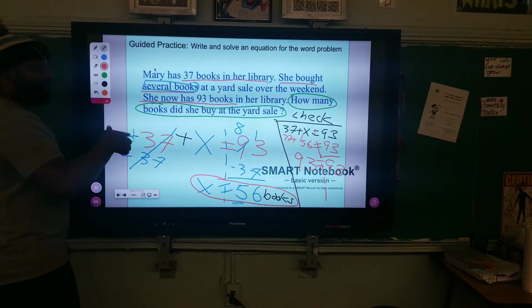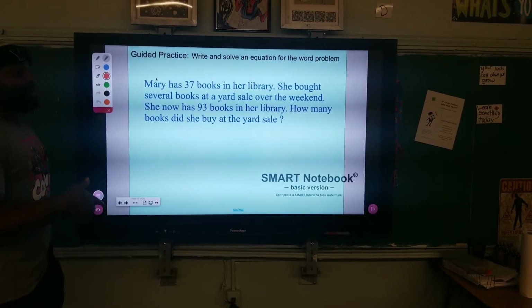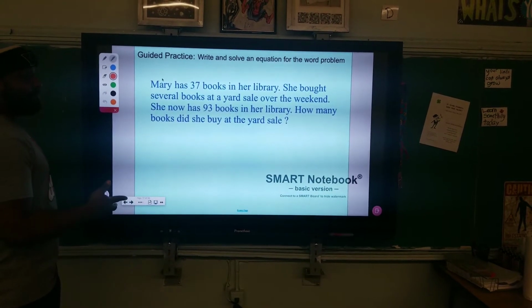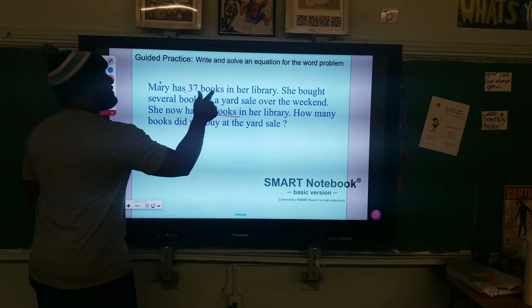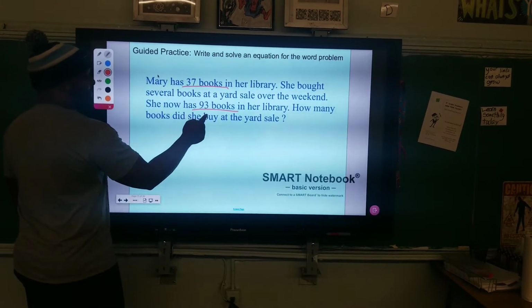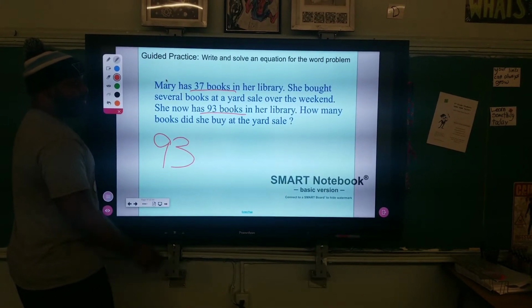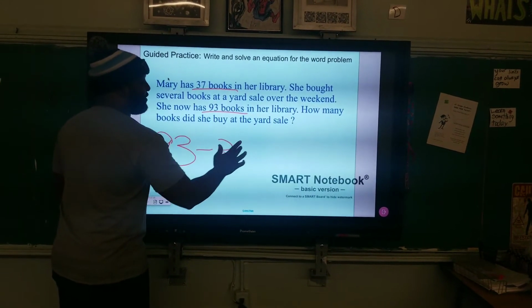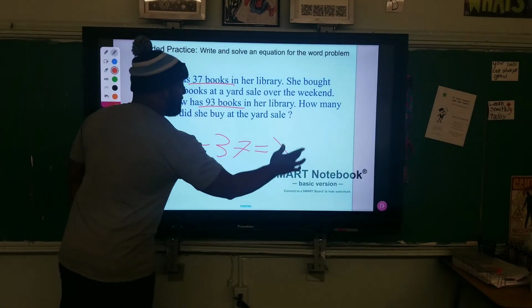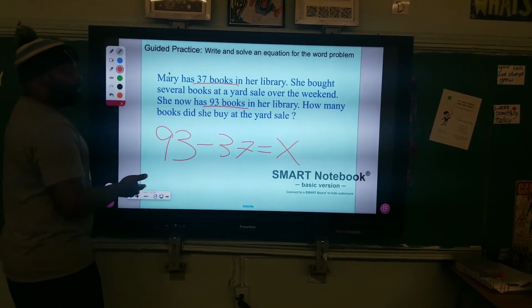I'm going to do it all over again because this is one way you can write this equation. We could do this equation in a different way. We know that somehow, some way, she started with 37 books and ended with 93. So we know 93 books is what she ended with. And if we take away 37 books, we would be left with the thing that we don't know, how many books she bought.